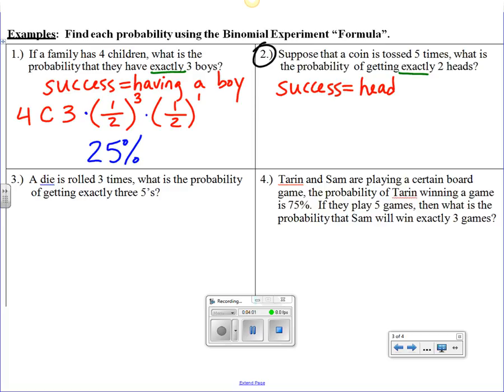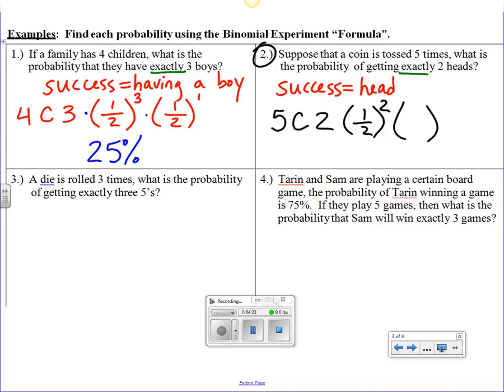In number 2, how many times are you tossing the coin? 5 total times. Choose how many successes do you want? How many times do you want to get a head? 2. Then in parentheses, what is the probability of getting a head? Again, 1/2, because you could either get heads or tails. And how many heads do you want? 2. So it's to that power.